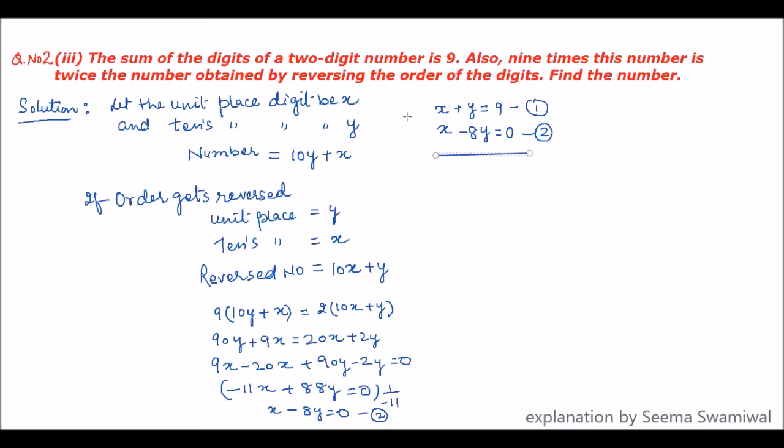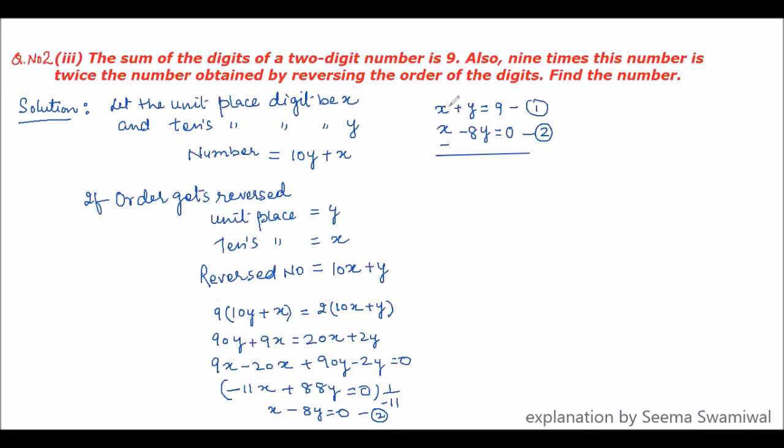So again, this time you are getting the coefficient of x same. Let's try to eliminate it. If you want to eliminate it, you will observe their signs also. If the sign is same, you will subtract. If the signs are reversed, then you will add. You may add or subtract, depending on how the variables will get cancelled.